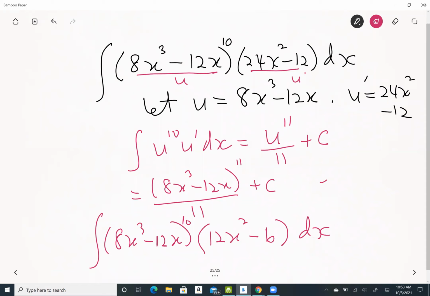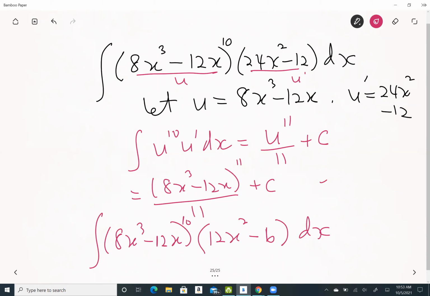So can you multiply by a ratio of a constant so that we get u prime? What do you multiply that with, so that we got 24x squared minus 12? 24 over 24? 2 over 2?